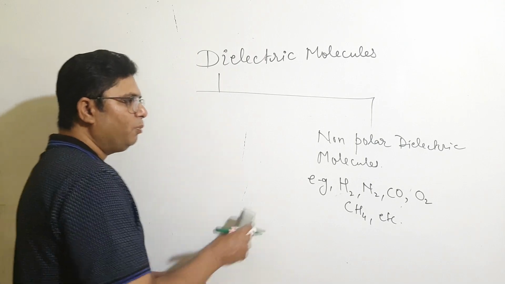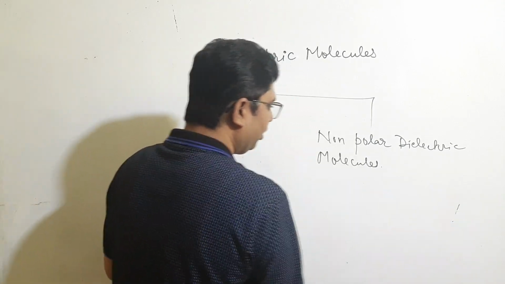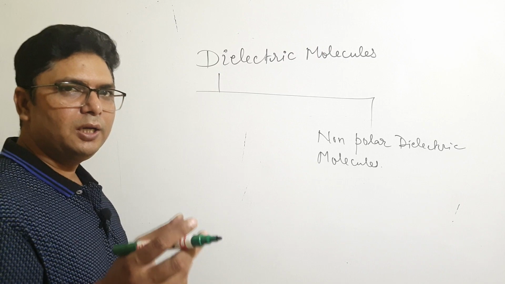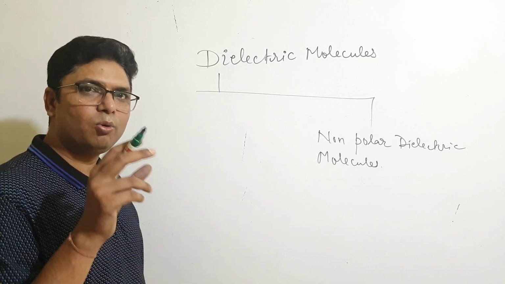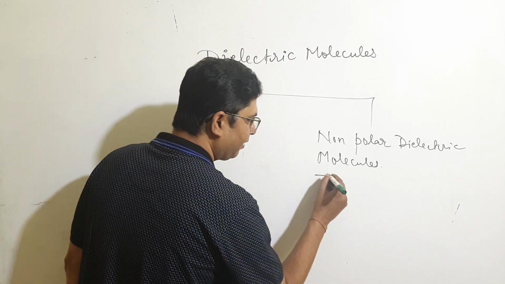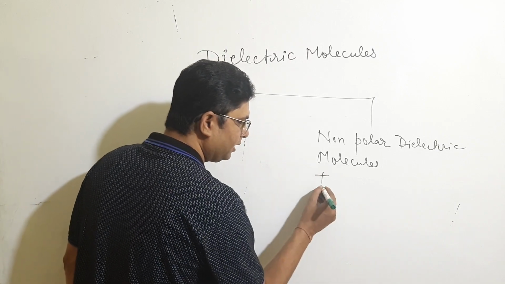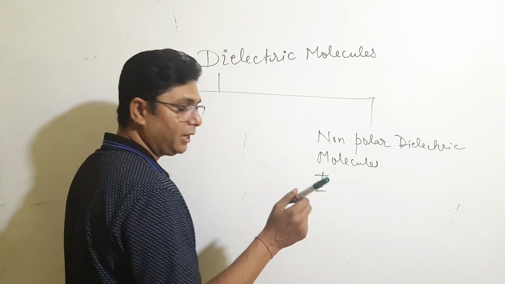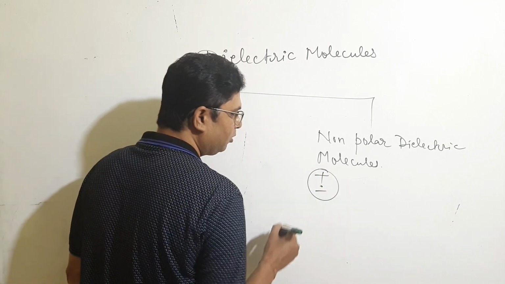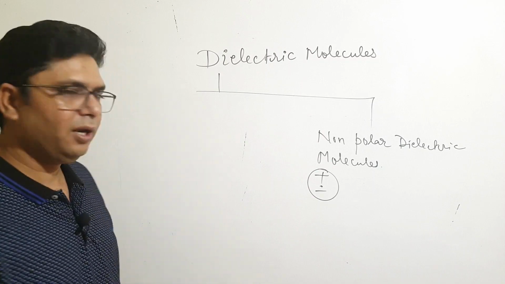Now, non-polar dielectric molecules. In non-polar dielectric molecules, the center of positive charge and center of negative charge coincide. This means that here we have a plus charge, here we have a minus charge. Let us put the dot here. This dot indicates that both centers are coinciding in this dot. This is said to be a non-polar dielectric molecule.